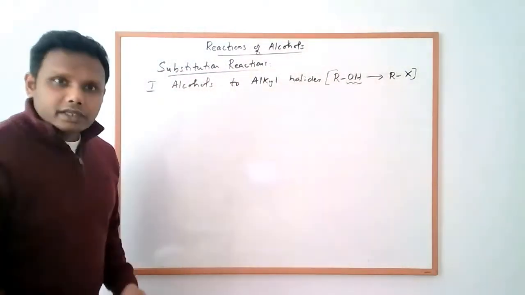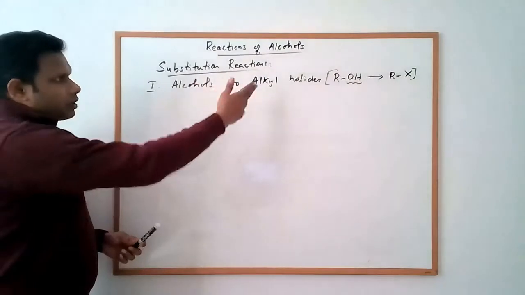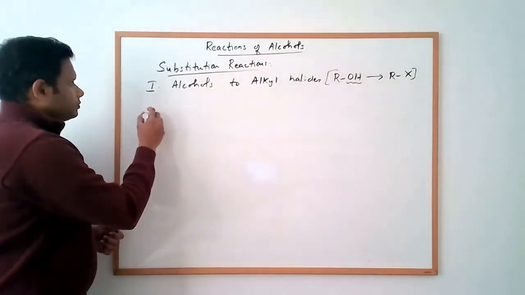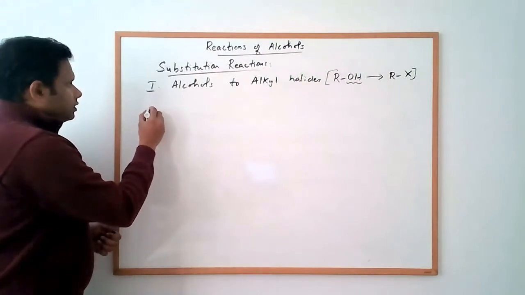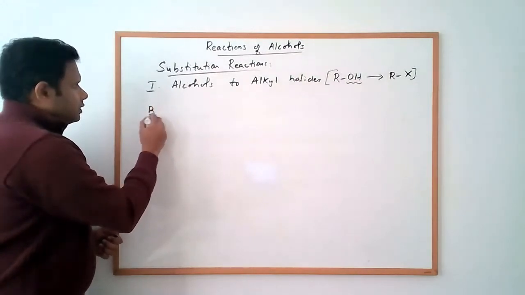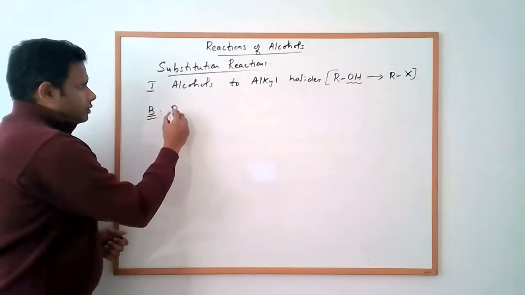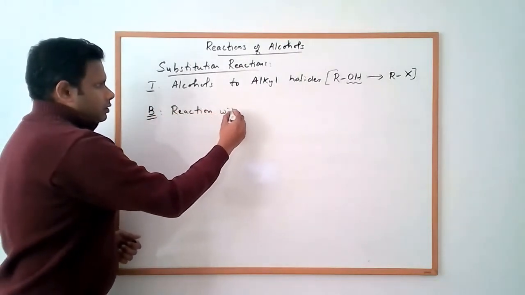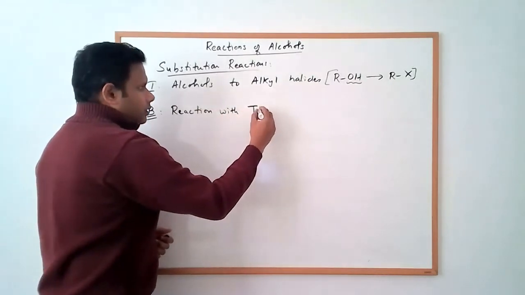Other reagents that can be used for converting alcohols into alkyl halides, and these are substitution reactions. The other method that we can use is reaction with thionyl chloride.